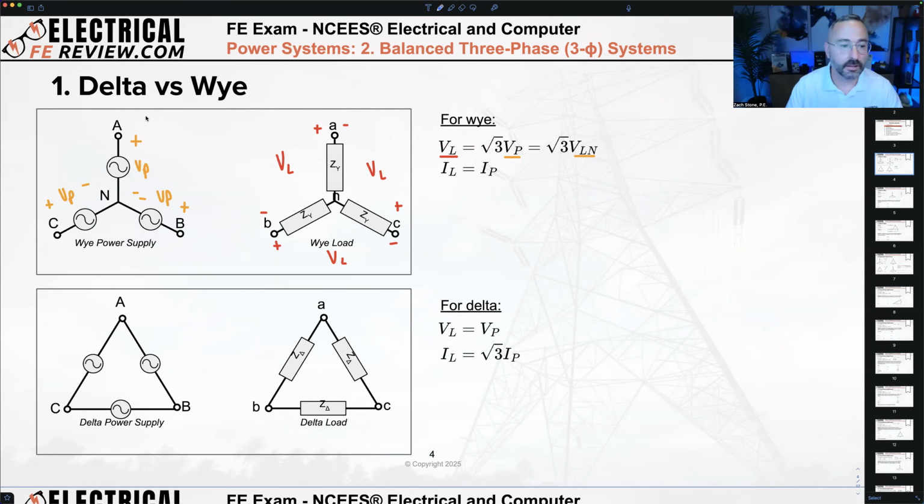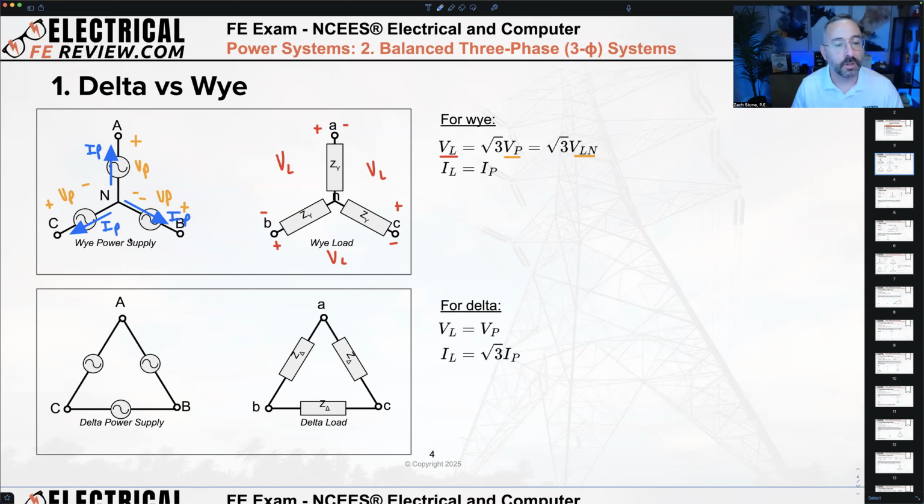So the easiest way I like to demonstrate this is first, let's just trace out the phase currents. So here's the A phase current on our power supply, I phase. Here's the B phase current on our power supply. Here's the C phase current on our power supply.